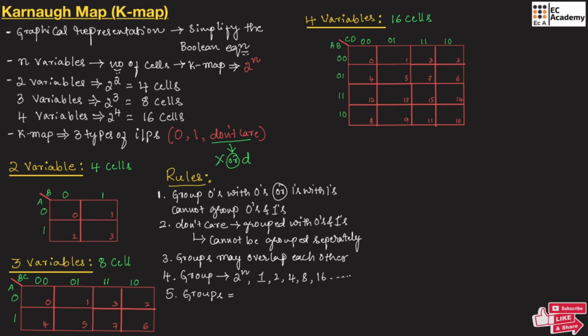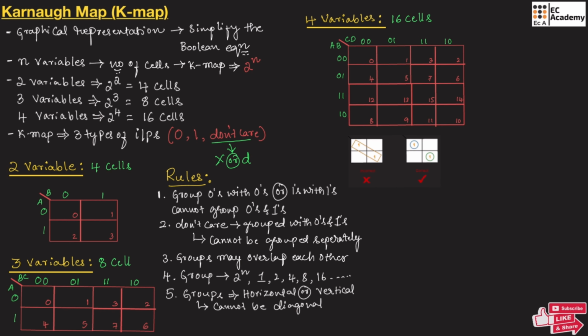The groups can only be horizontal or vertical. It cannot be diagonal. Whenever we are making a group, we can group it in horizontal or vertical direction. We cannot group in a diagonal form. As you can observe here, we are having a diagonal grouping, which is an incorrect way of grouping.